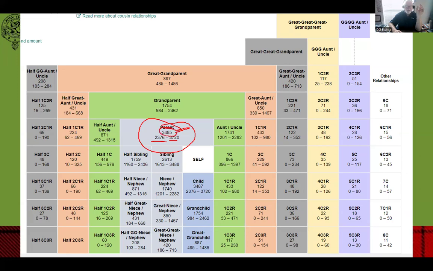The mode is somewhere around 3,500. Most of us match our parents around, we just say 3,500, 3,480, 3,490, 3,476, and occasionally 3,508.